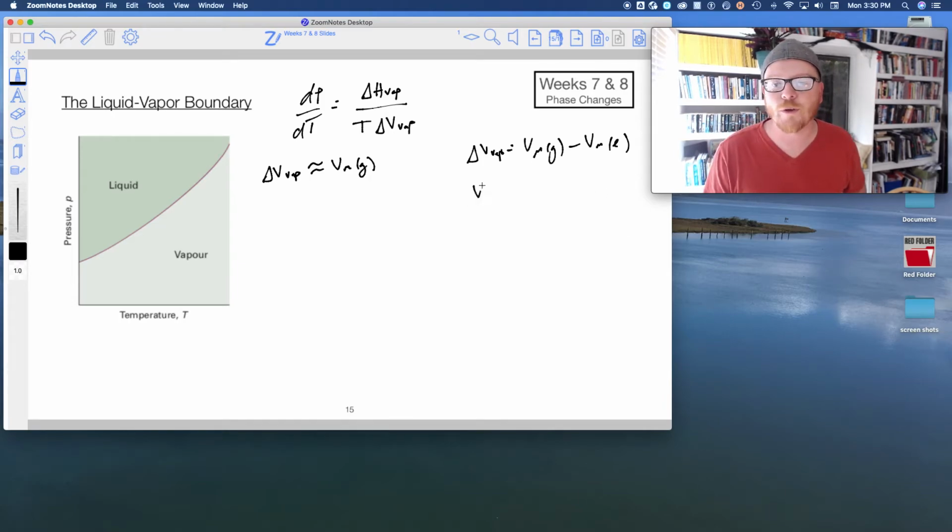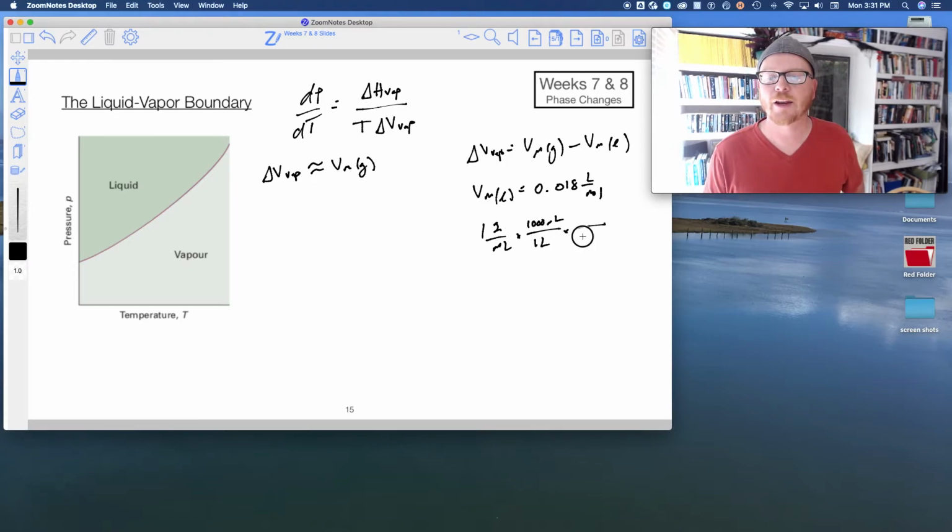So the molar volume of, I'm just going to use water as an example. The molar volume of water is 0.018 liters per mole. I get that by assuming a density of 1 gram per milliliter. And if I say that there's 1,000 milliliters in 1 liter, and I know that there's 18 grams in 1 mole, and then of course you can see I'm going to have to flip all of that.